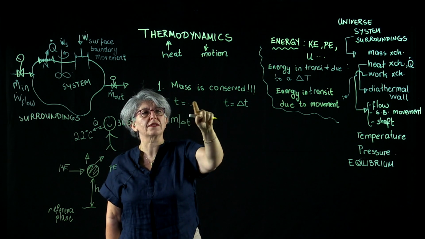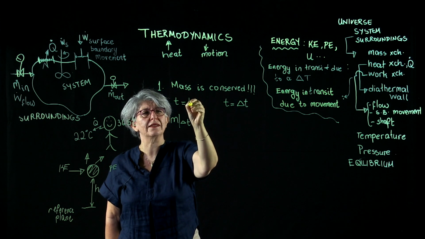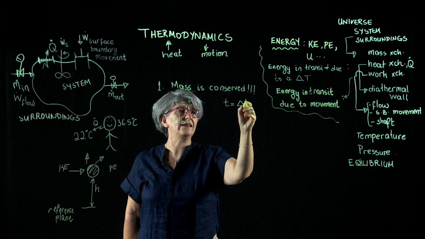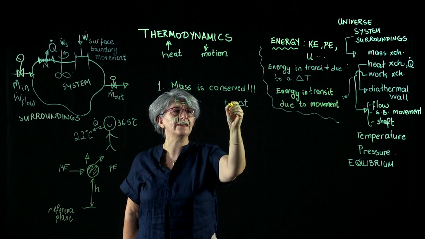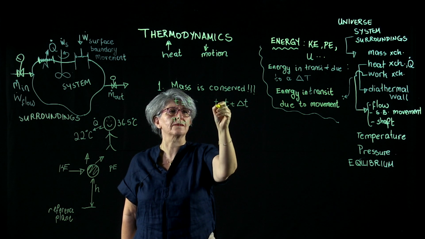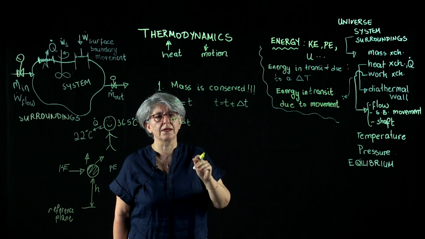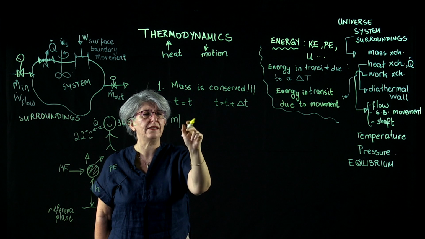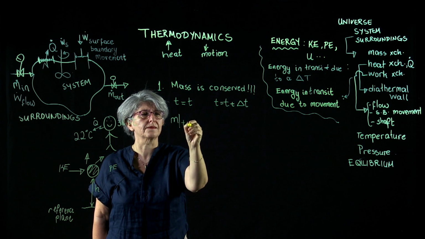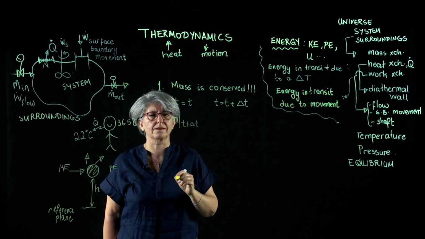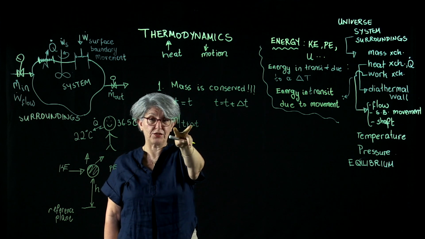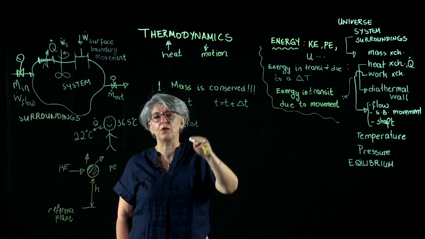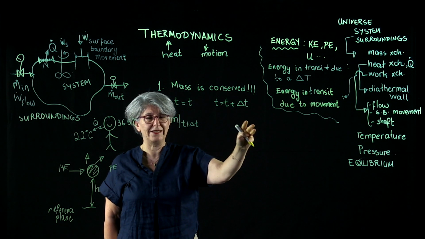Let me just call this not t0, but t is an arbitrary t, and this is an arbitrary t plus delta t. All right? Mass at t plus delta t, my picture after I allowed my system to evolve to the new state.